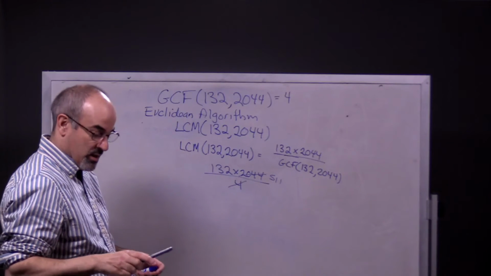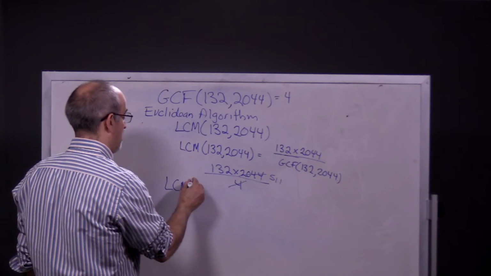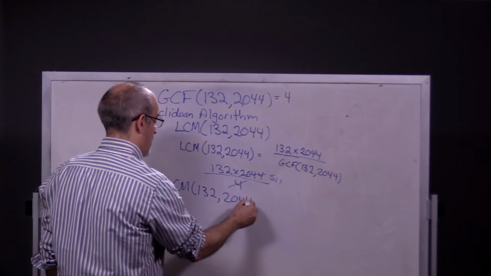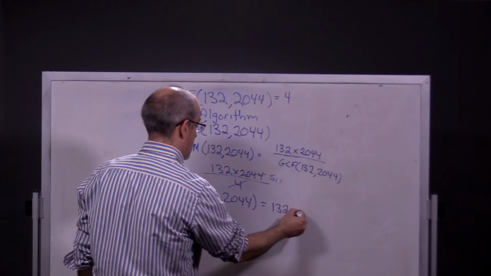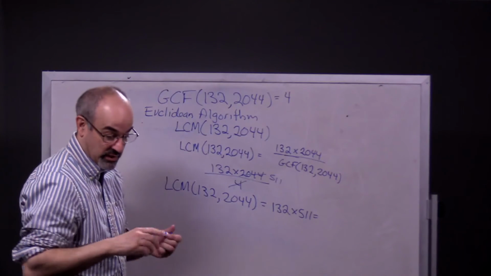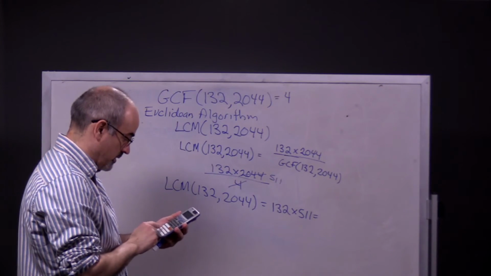Good. So what this amounts to is that the LCM of these two numbers is going to be 132 times 511. So you really didn't want to list all these out. 511 times 132.